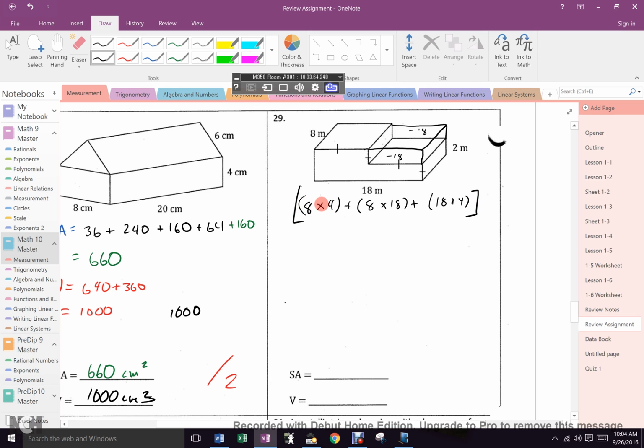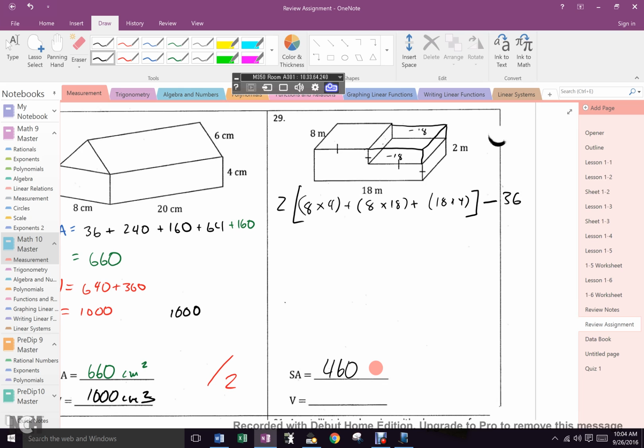And I would have multiplied that whole answer by 2. And then I would have subtracted 36. Because that's all that's missing, right? Everyone okay with that? And I would have gotten 460. Does anybody want me to talk about that surface area anymore?